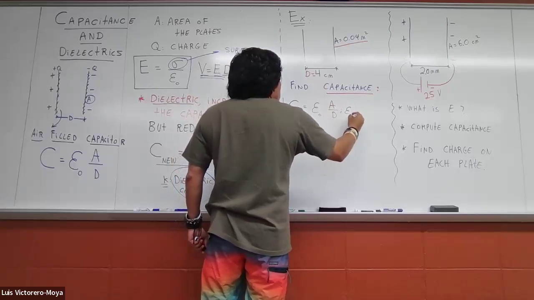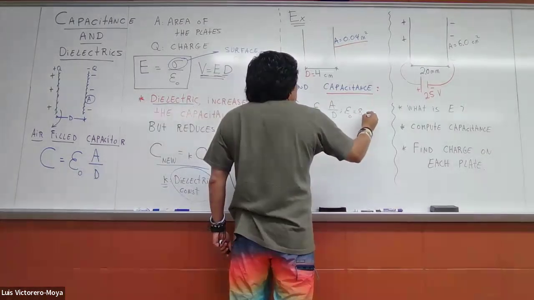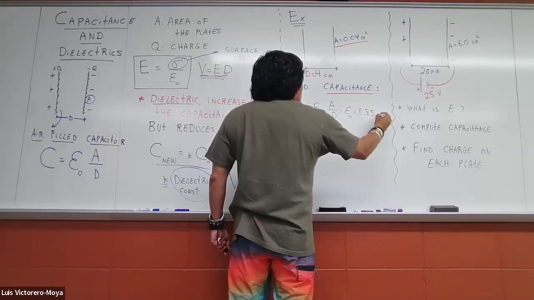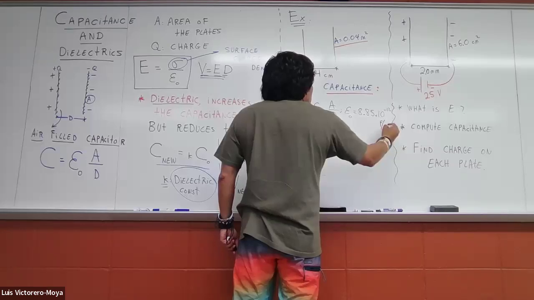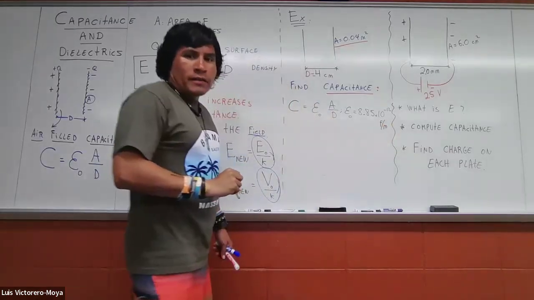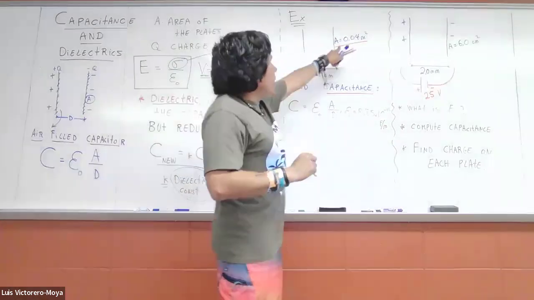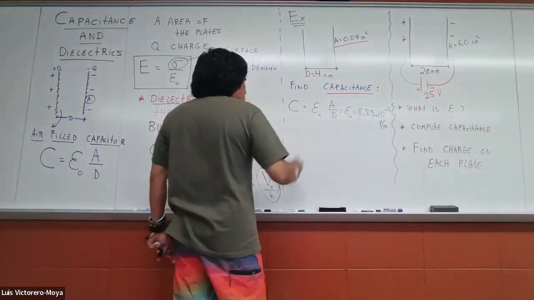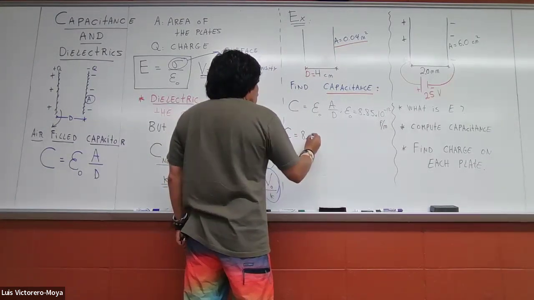Where E naught, the electric permittivity of free space, is this value. All right? So we have the area, we have the distance. We just have to be careful with the units. So this is E naught.